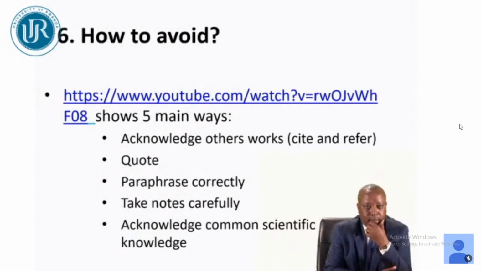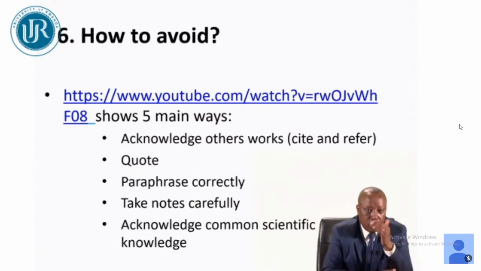How now to avoid this? How to avoid plagiarism? We have here 5 main ways. As I said, you need to acknowledge the work. You need to cite. You need to write the reference of that work. There is another way of quoting.